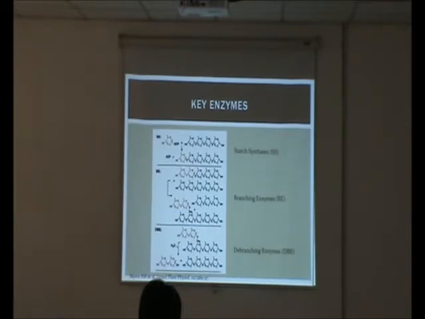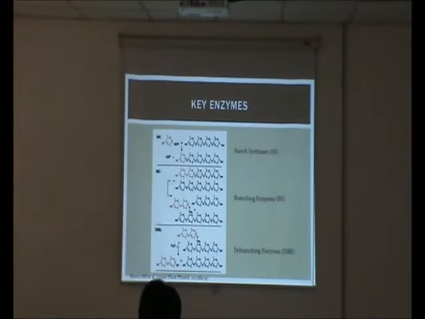And basically this enzyme will just add one glucose unit into the end of the existing chain of the molecule. Okay? So if you already have the chain of the amylopectin molecule, then SS will add one unit at the end of the chain. Okay?